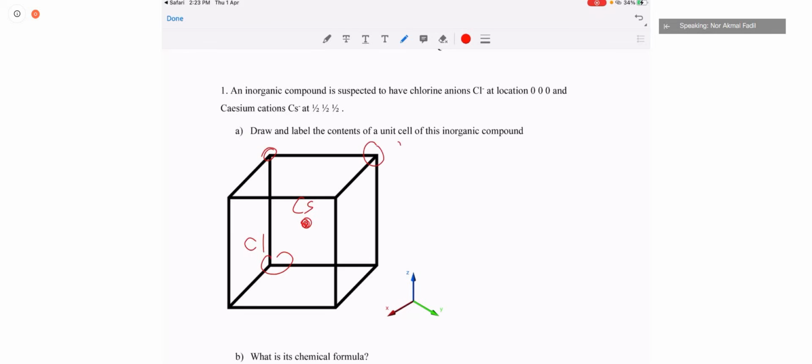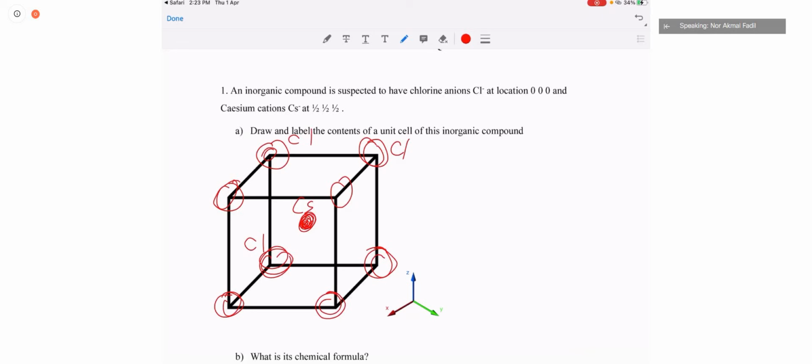So this one is Cl, Cl, Cl, Cl, and Cs at the center. Do you want me to answer? You can try. This is roughly the question asked about this problem. So Cl and Cs.